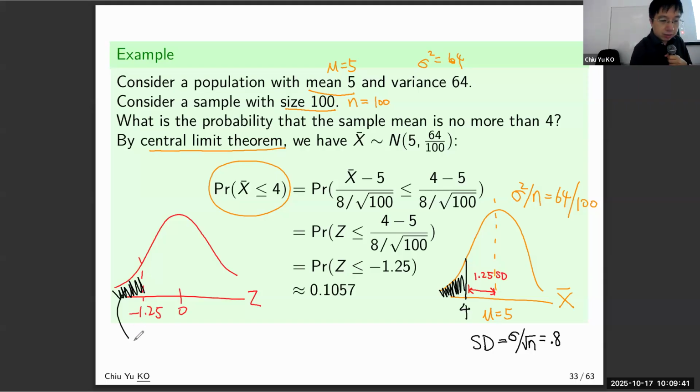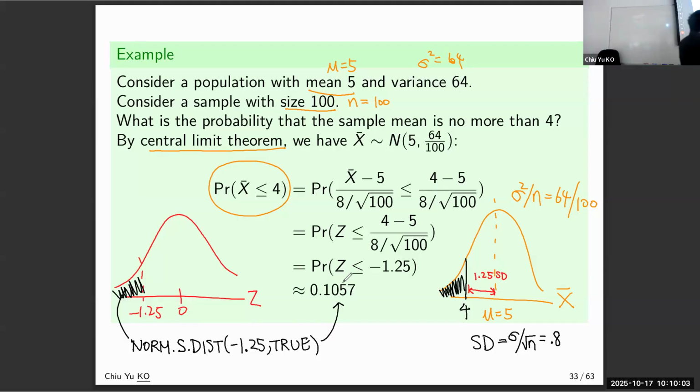This is simply norm.s.dist of negative 1.25. Of course, you can use the Z table, and this will give you the answer. You can try in your Excel that it should give you this number. It's like 10%. So that is how you get this number. Is that clear?